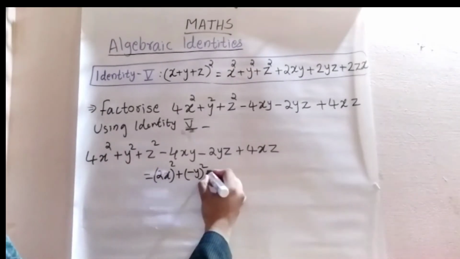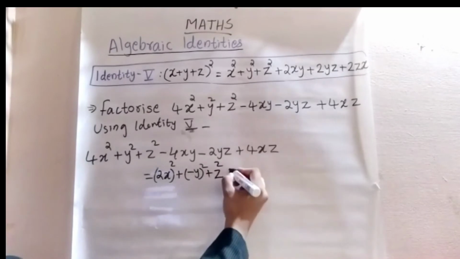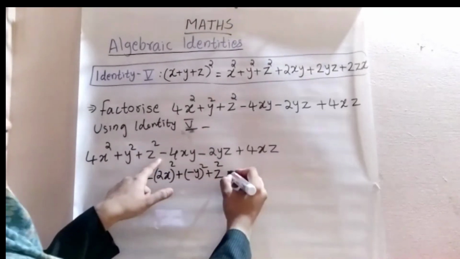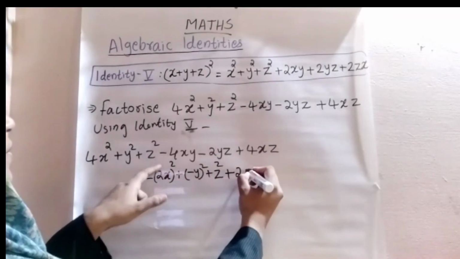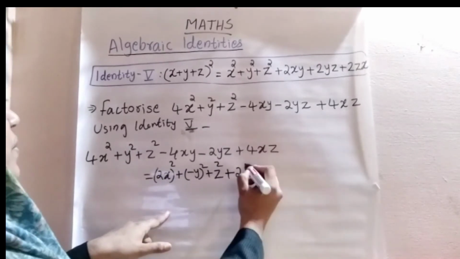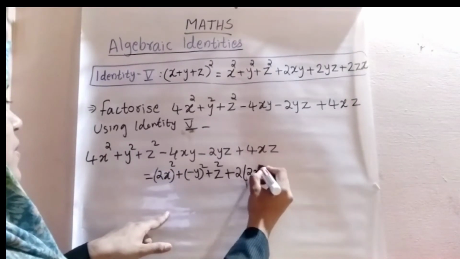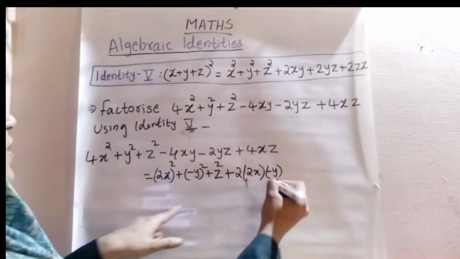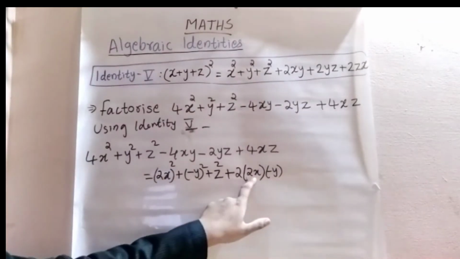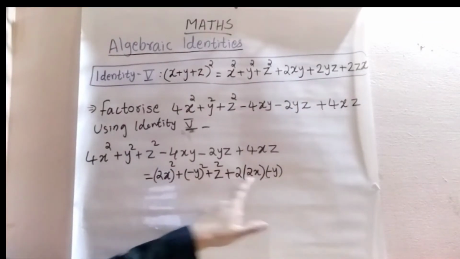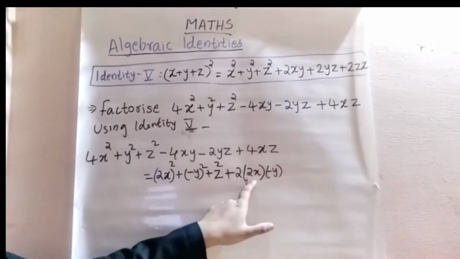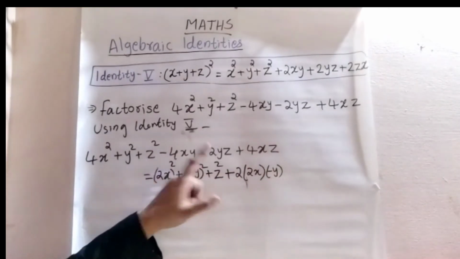Plus z square, then plus 2 into 2x into minus y, that means minus 4xy.